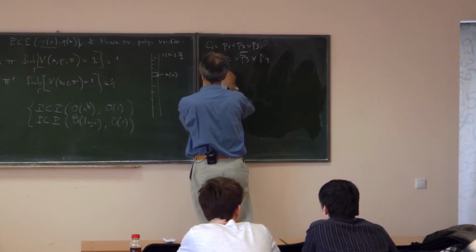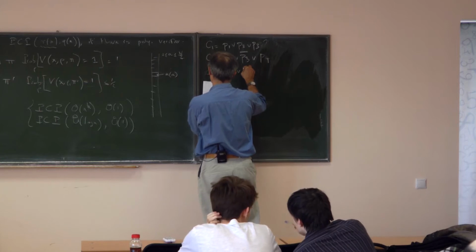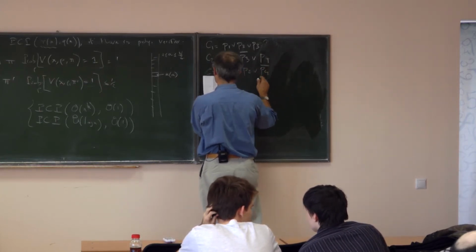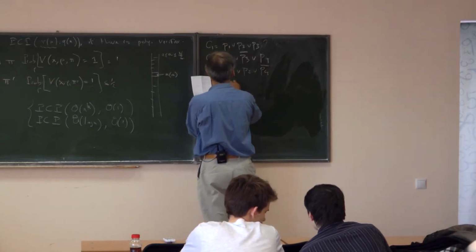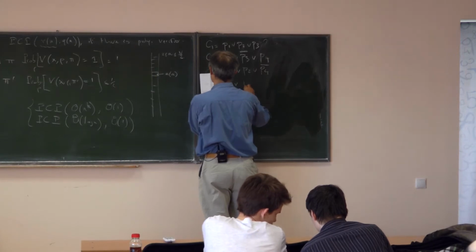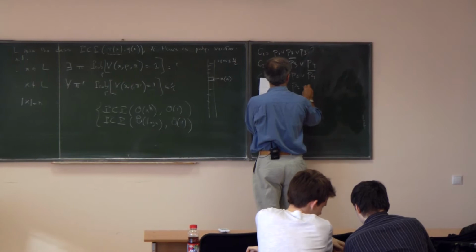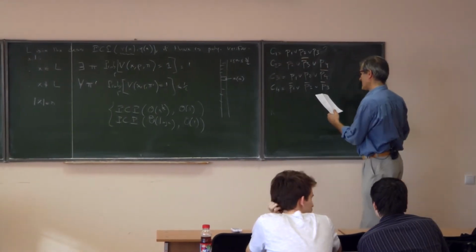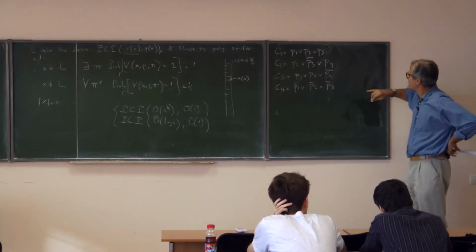C3 is P1 or P2 or P4 bar, and C4 is P1 bar or P2 bar or P3 bar. Okay, I'll use this example further.